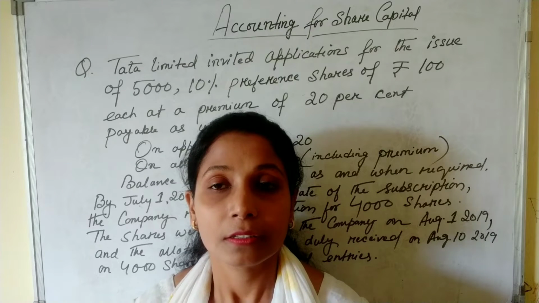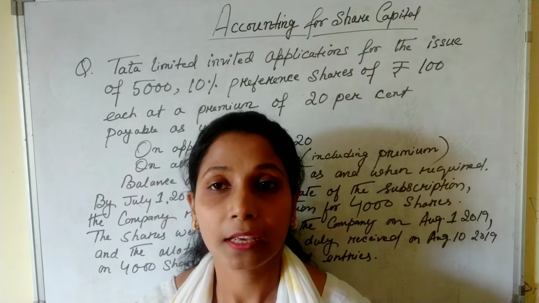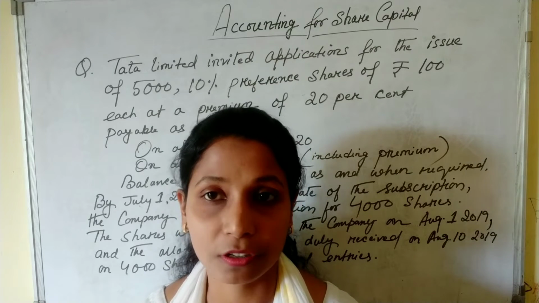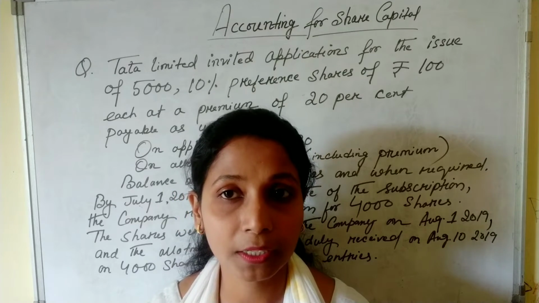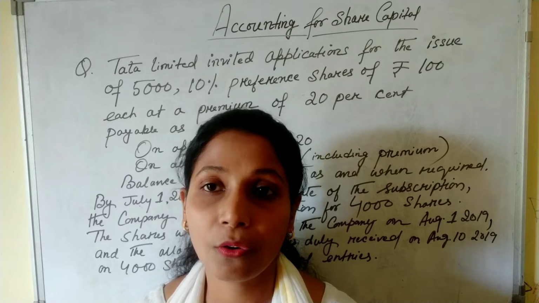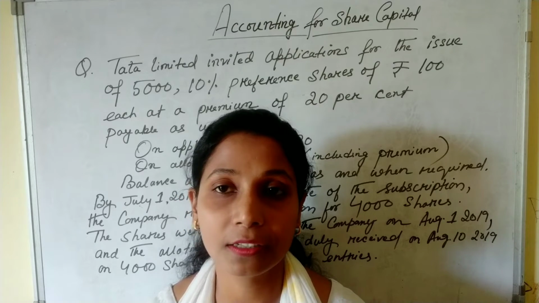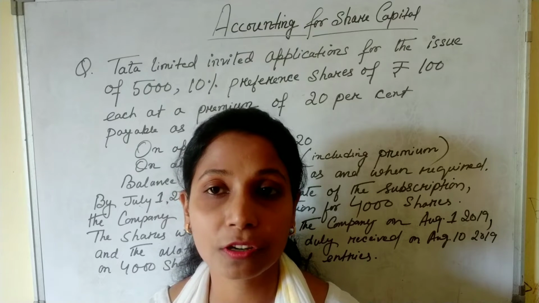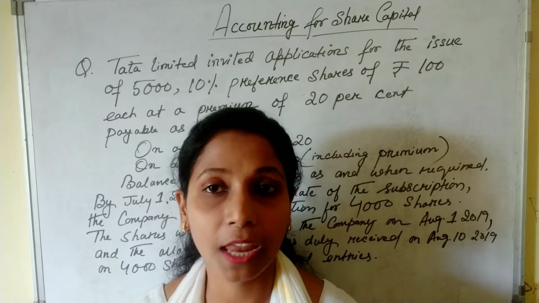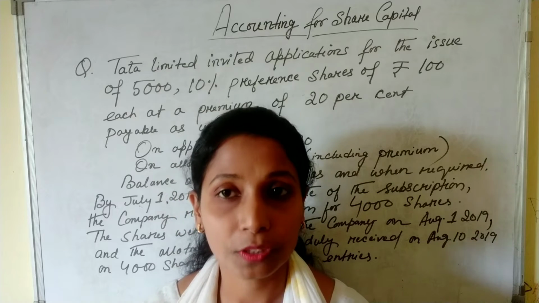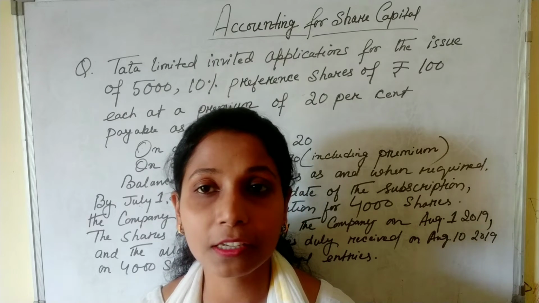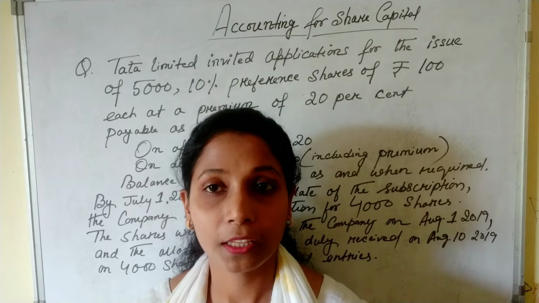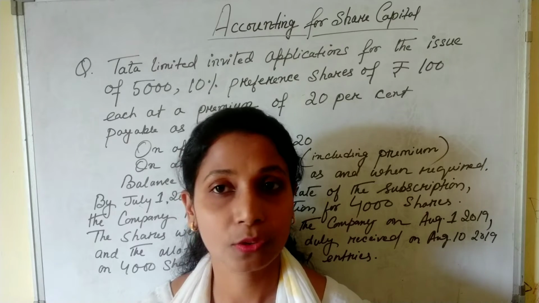Say for example, a company invited the public for 5,000 shares and the public has applied only for 4,000 shares. That is, the public has applied for fewer shares than the company actually offered for subscription. This is a case of undersubscription. We will see these two things in this question.